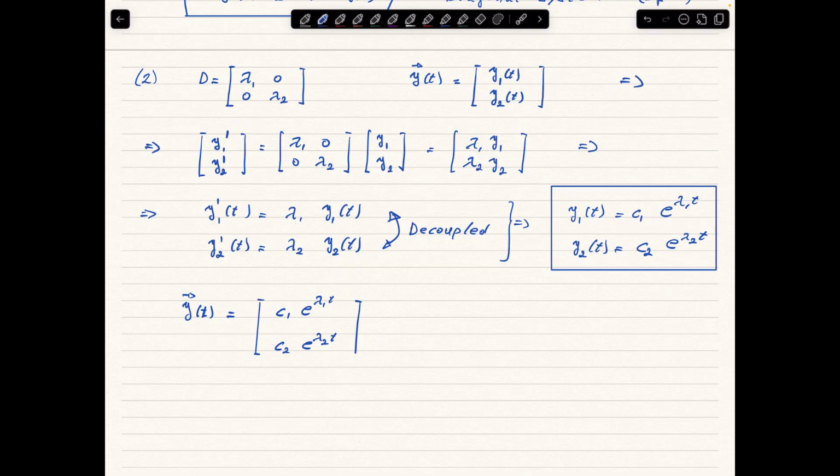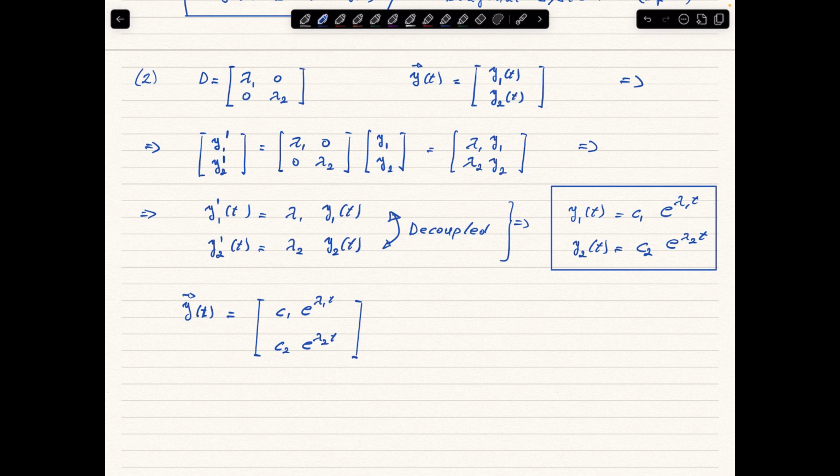Okay, we erase both, and let's do it again a little bit nicer. There. Okay, so this is the solution vector for y.